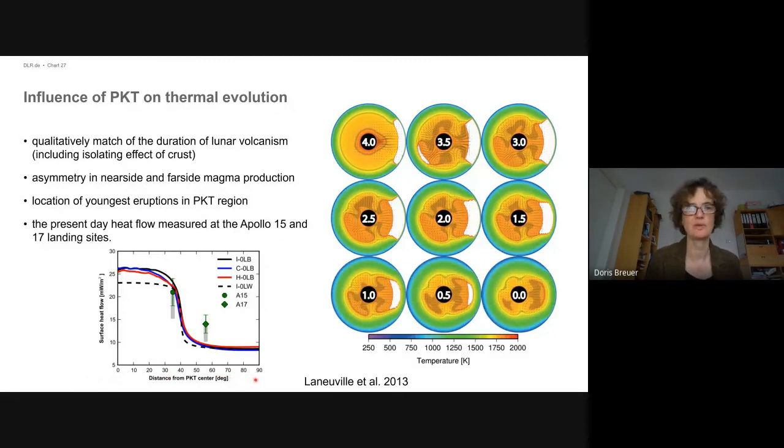You probably know we have heat flow measurements from the Apollo 15 and 17 landing sites, which are also consistent with this kind of model. It suggests that the influence of the heat sources on the mantle dynamics seems to be very strong, and would also suggest that today the heat flow below the Procellarum KREEP region is higher than antipodal to it, in other regions of the Moon.